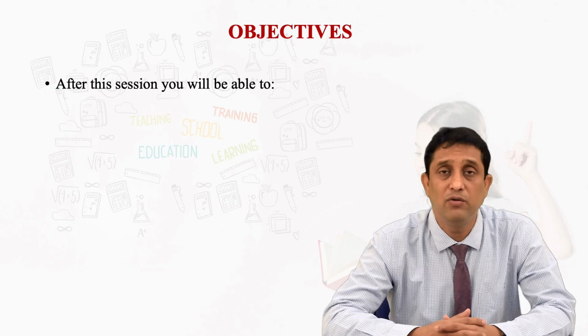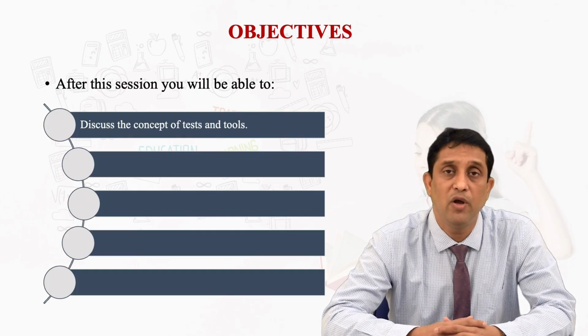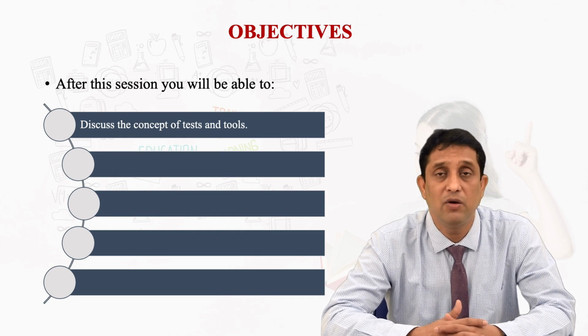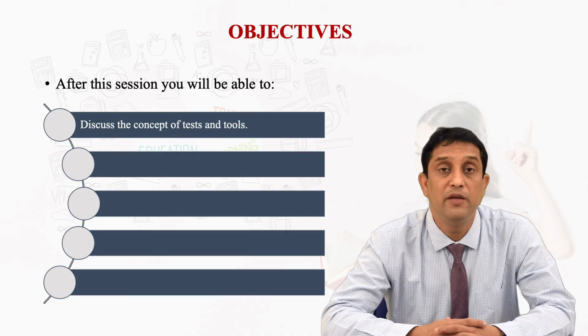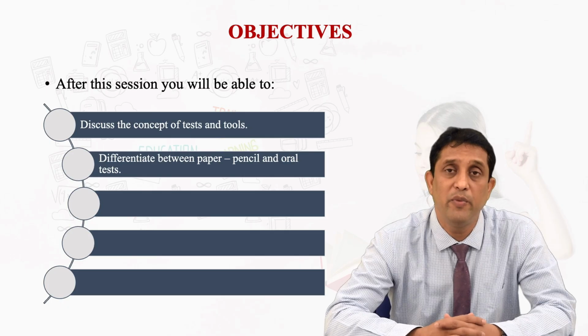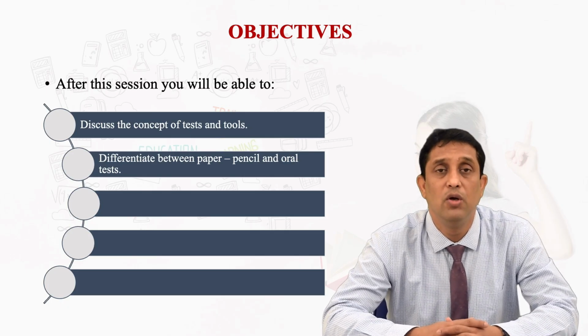The learning outcomes of this video lesson: after going through it, you will be able to discuss the concept of test and tools. What is the concept of a test and what is the concept of a tool? Then differentiate between paper-pencil test and oral test, and what is the difference between these two.